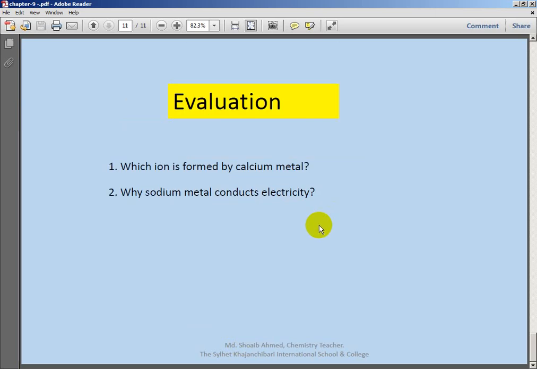Evaluation: which ion is formed by calcium metal? Everyone should unmute and answer my question. Which ion is formed by calcium metal?